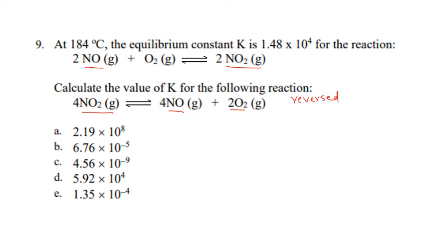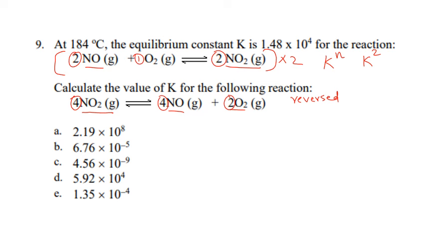Another change I can notice is the coefficients 2, 1 and 2 change to 4, 4 and 2. That means the original equation is multiplied by 2. So we should know the rule for what happens to the K value when an equation is multiplied by a number: the K value will be raised to the power of that number. In this case it will be K to the power 2.